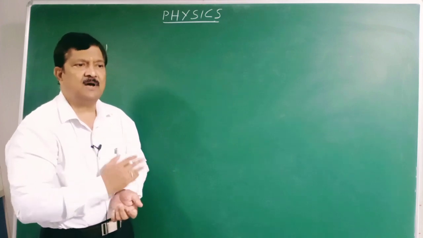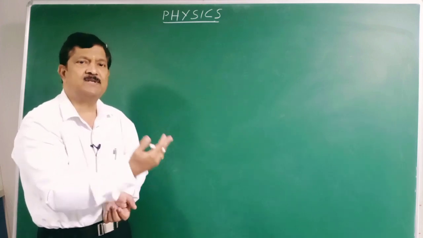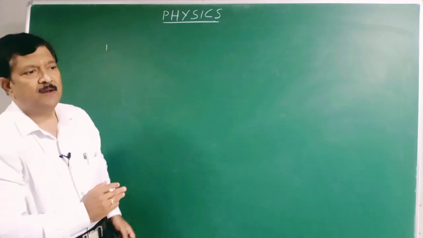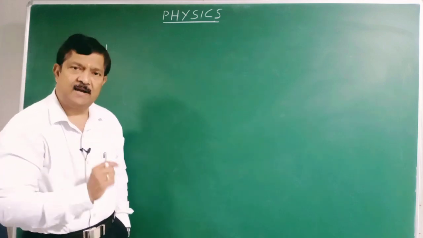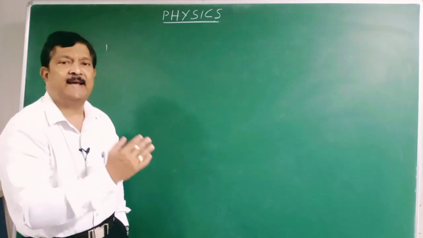Now in the present class, let us move into further details about isotropic and anisotropic solids, the values of alpha. As we studied in the previous class, isotropic solids are those solids which expand equally in all directions.